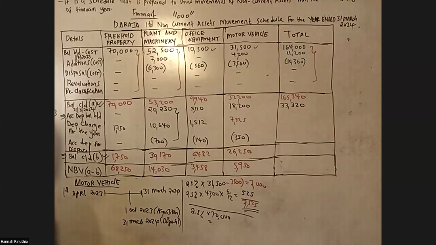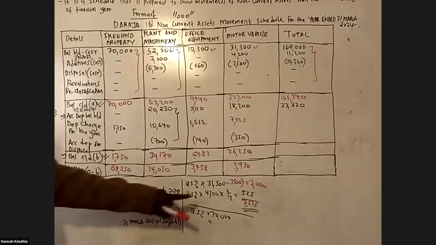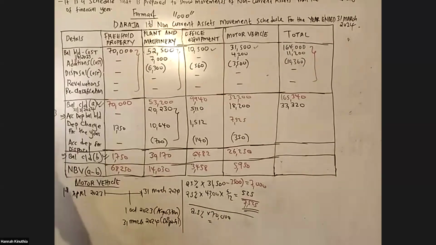Oh yeah, let me see, it makes sense then. Because it was disposed on the 31st, which was the ending of the year, and it was that 3,500. So it can be that way, right? And then we accommodate for 4,200 that was used for the 6 months.